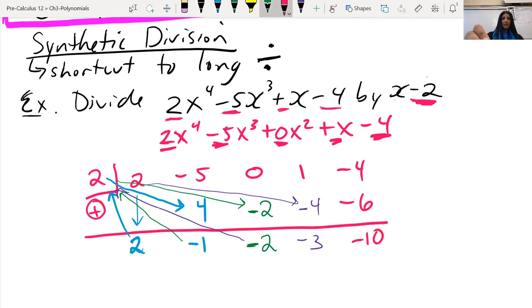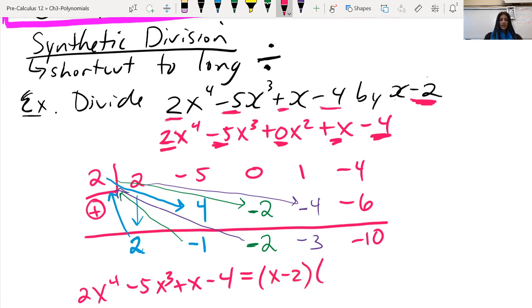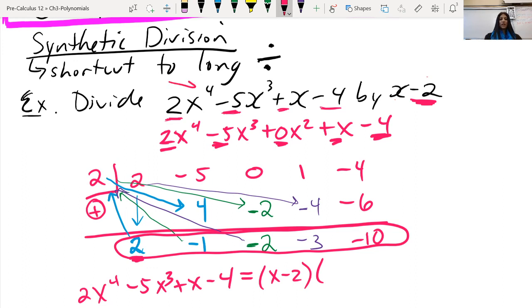So, in order to make this crystal clear to you, 2x to the 4 minus 5x cubed plus x, I'm just going to leave the 0x out of it because we just did that as a placeholder, so we don't need it anymore, would be x minus 2 times, so now when I look at my solution at the bottom here, maybe I'll circle the whole thing, that's giving me the coefficients for my quotient, but I know that I have to reduce it down 1 from what I started with.